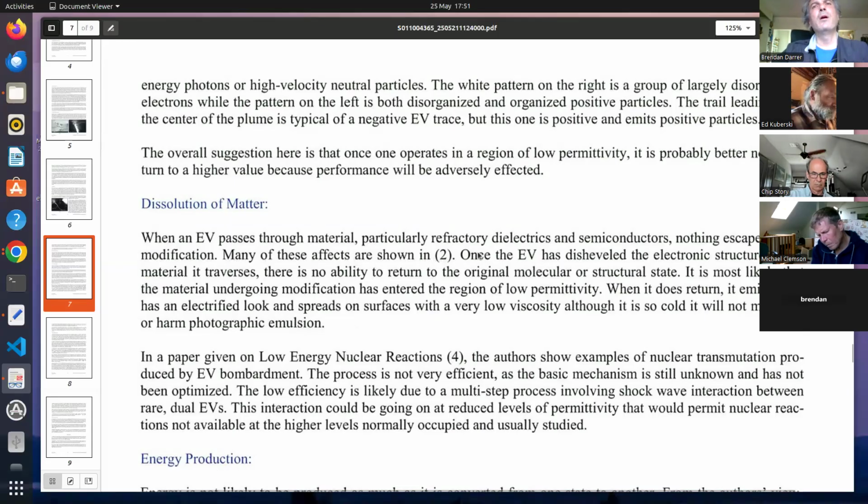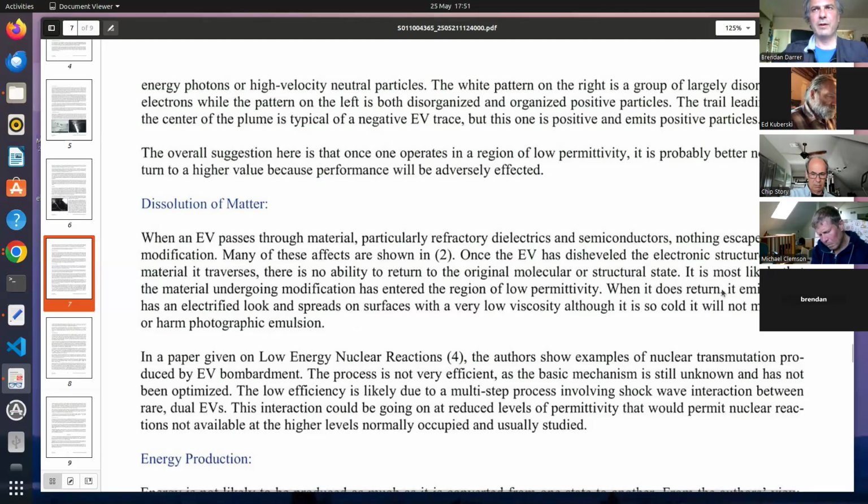Once the EV has disheveled the electronic structure of the material it traverses, there is no ability to return to the original molecular or structural state. It is most likely that the material undergoing modification has entered the region of low permittivity.